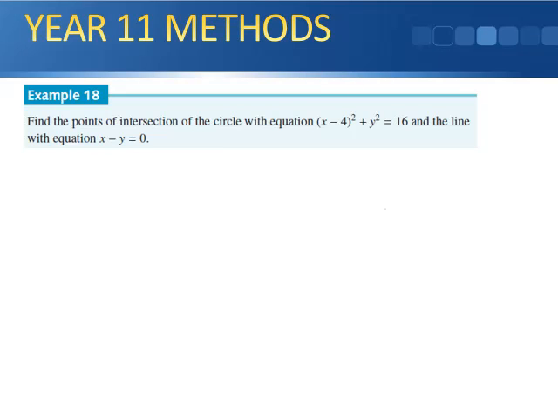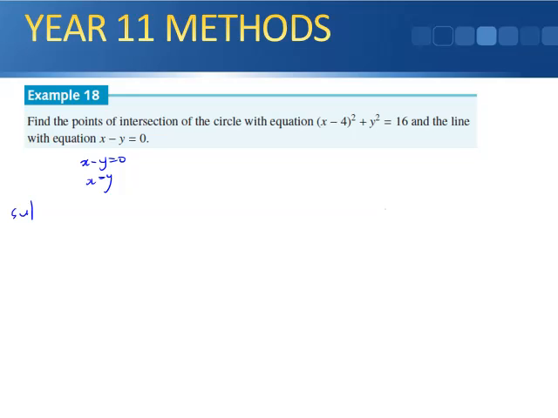Number 18. Find the point of intersection of the circle with the equation and the line with this equation. So again, we will equate them, but before we equate them with this one here, x minus y equal to 0, we're just going to say x equals y, y equals x, it doesn't really matter.